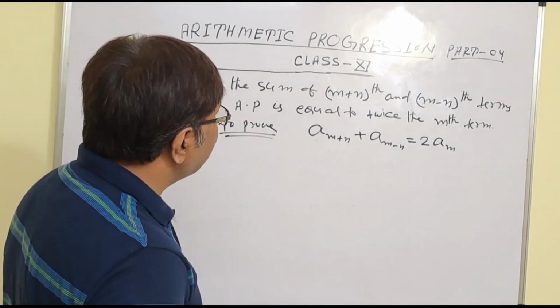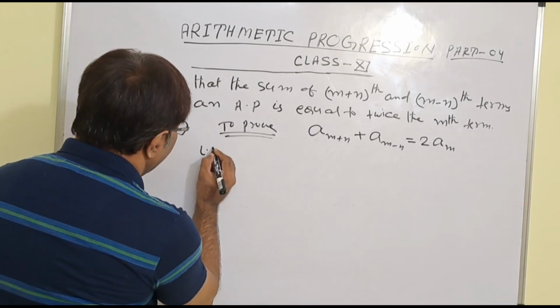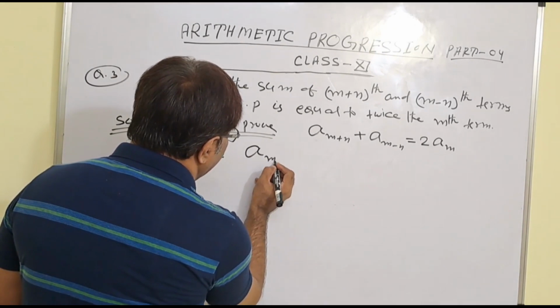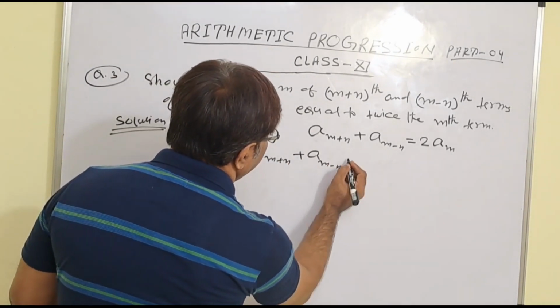This is a very simple technique, just to check the LHS. So LHS is the m plus nth term plus the m minus nth term.